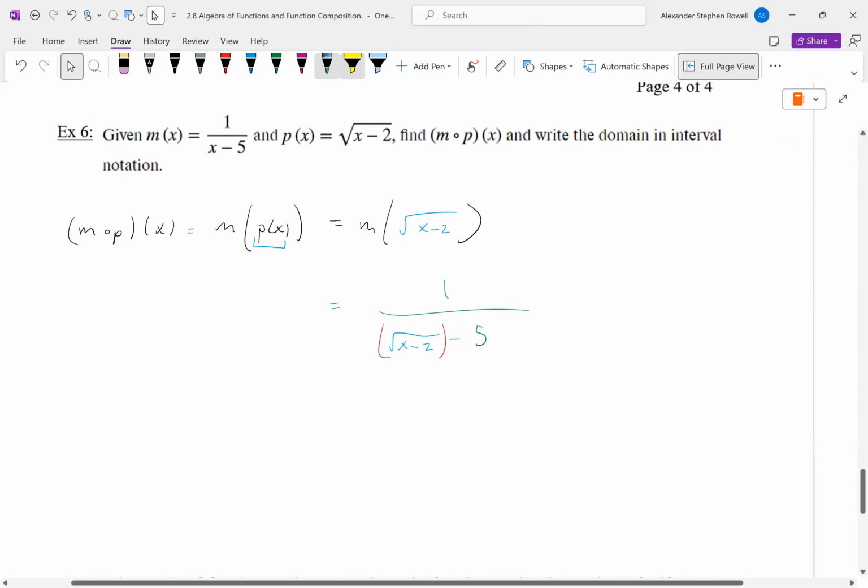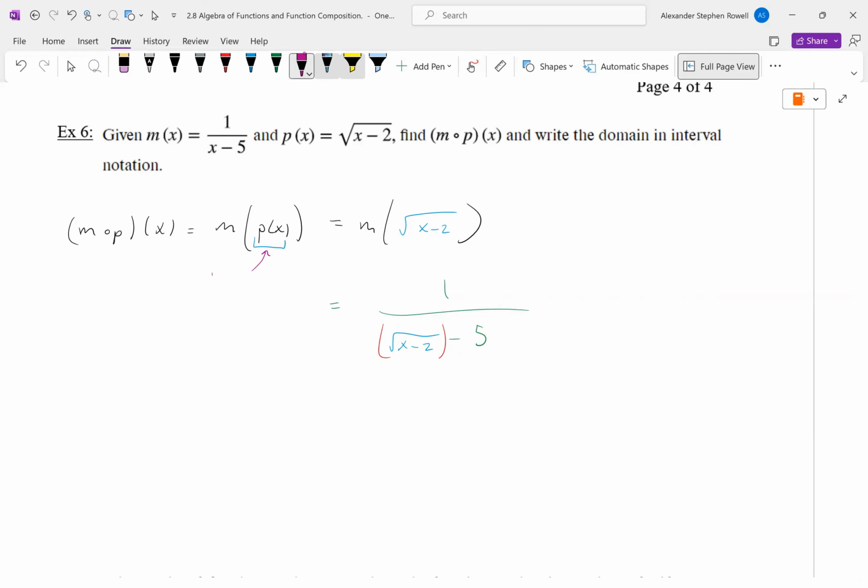Okay, so if we're finding the domain of this new function, we look at the original that's plugged in. We're really worried about the domain of what's plugged in first. At this point, we all know how to find that. What's the domain of square root of x minus 2? Yes, you take the inside, x minus 2, it must be greater than or equal to 0.